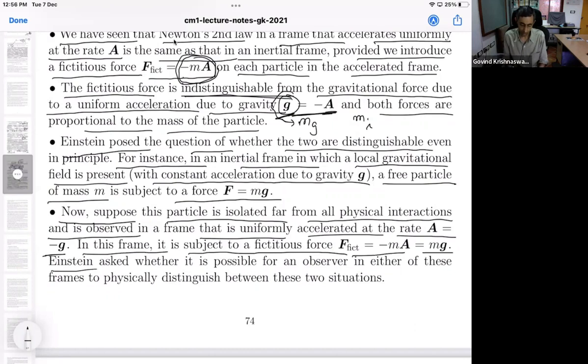Einstein asked whether it is possible for an observer in either of these two frames to physically distinguish between these two situations. The first is the one where a uniform gravitational field is present, with real forces present. The second is where a particle has been taken far away into outer space, but is being observed from an accelerating frame, with the acceleration of the frame chosen to be minus g of the previous discussion.